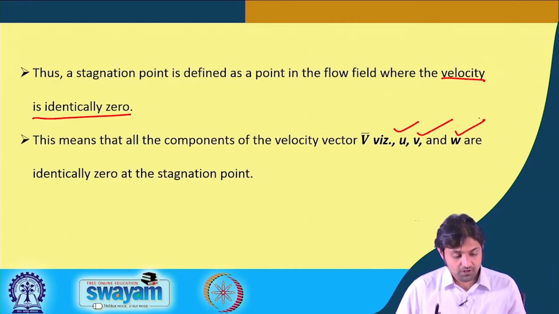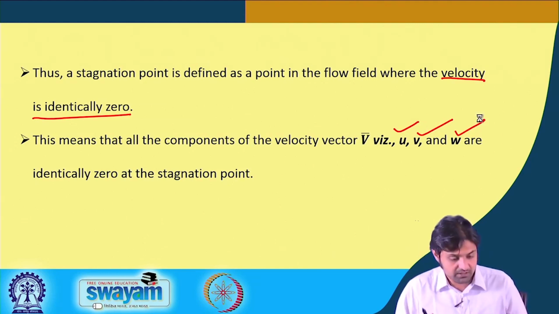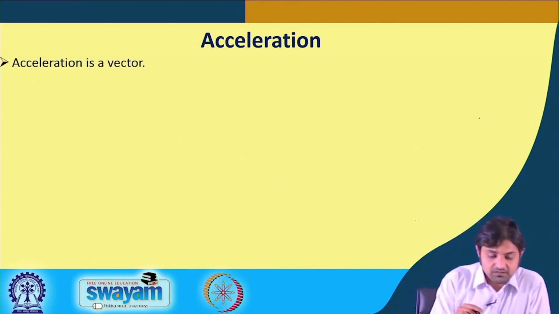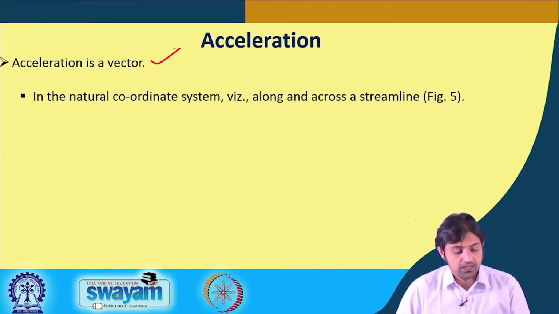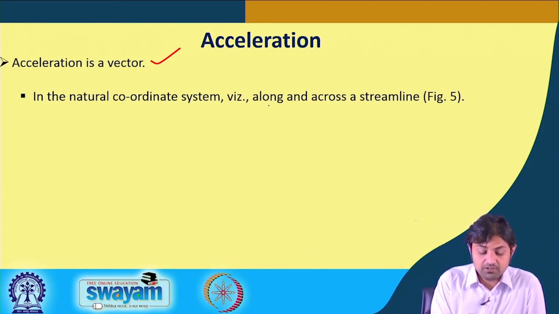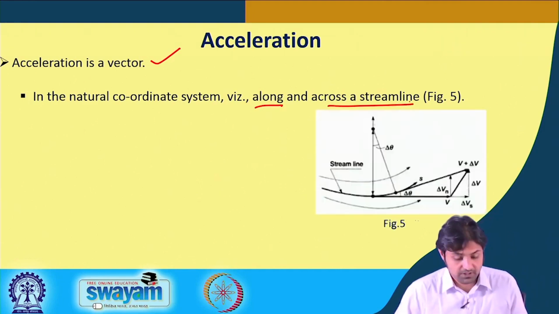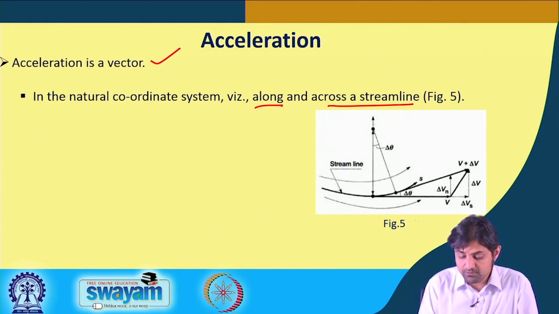Now, after all these points, we move on from the velocity description to the acceleration part. So acceleration, as you already know, is a vector. In the natural coordinate system, we describe the acceleration along and across the streamline. Suppose this is a streamline here, in figure 5.